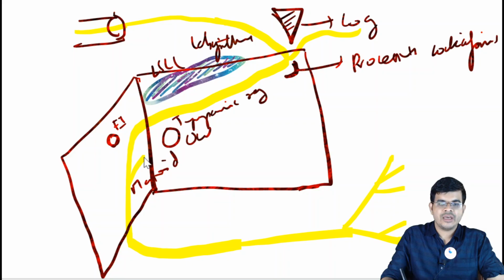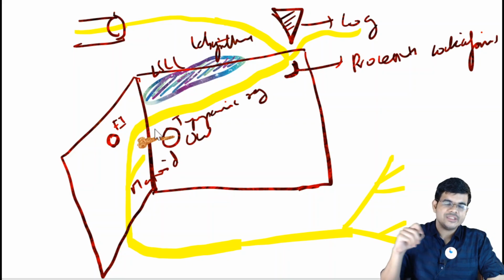Then from the mastoid segment you have one branch. What is that? That is the nerve to stapedius. Now where is the stapedius muscle? It is seen arising from the pyramid. So here you have the pyramid, and from that arises the stapedius muscle, and it goes on to insert into the neck of the stapes.